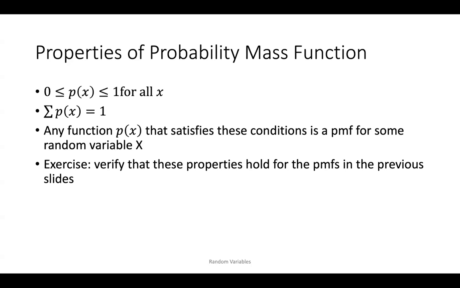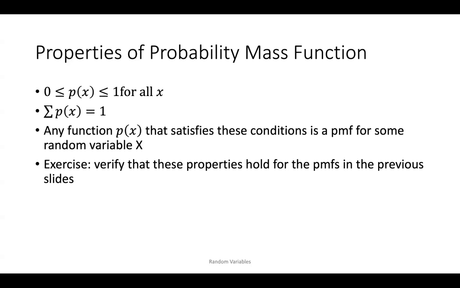And the sum over the range of our random variable is always equal to 1. So we have a function whose values are between 0 and 1 inclusive, and whose sum is equal to 1. Any function that satisfies these conditions is a probability mass function for some random variable x.